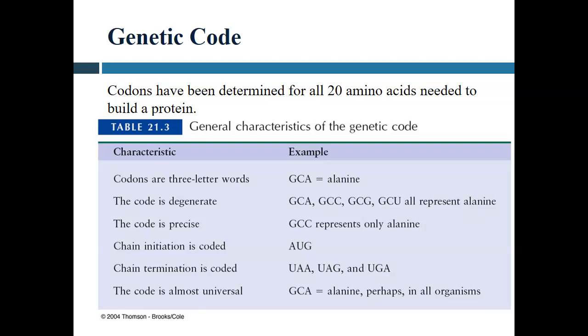But for the ones that we do know, they all fit. So GCA is alanine. Doesn't matter if you're looking at a human being, doesn't matter if you're looking at a tree. Means the same thing. Codes the same amino acid.